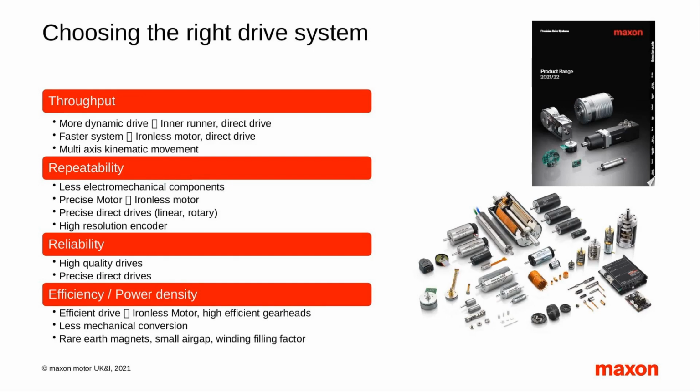Reliability, again, that comes from high quality drives. The thousandth drive off the line, the performance of it will be very close to the first one off the line. The last topic there is efficiency and power density. Power density, what that means is that you get the most amount of power out of a given size.